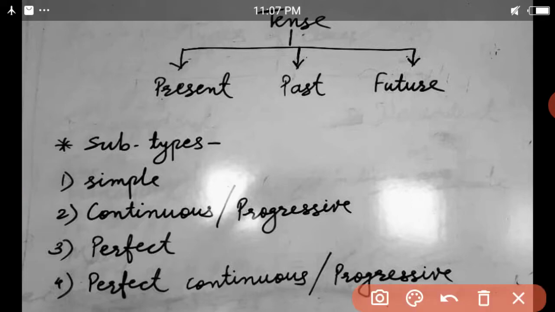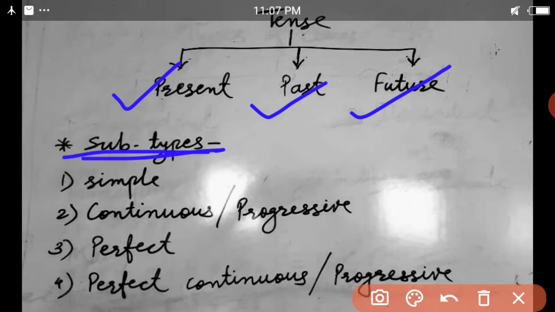There are three main types of tenses, that is present tense, past tense, and future tense. Each tense has four subtypes. Which are those? Simple, continuous or progressive, perfect, and perfect continuous or perfect progressive. So how is it? Simple present, present continuous, present perfect, present perfect continuous.